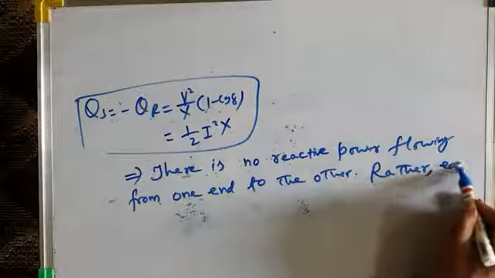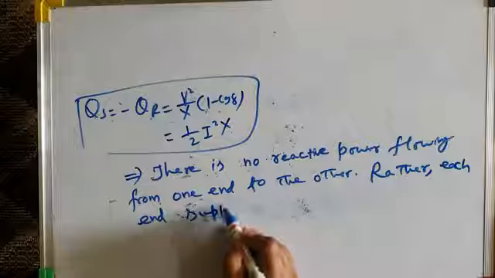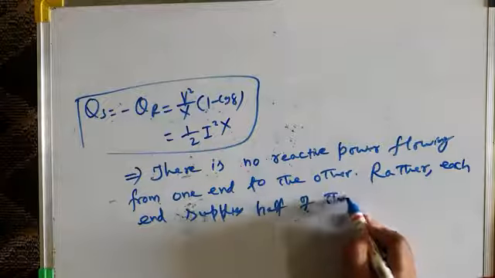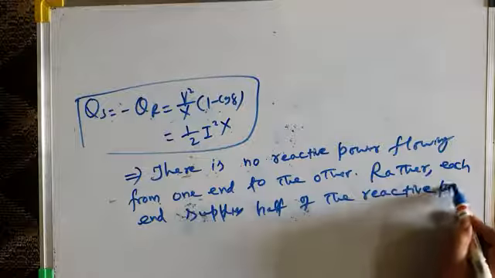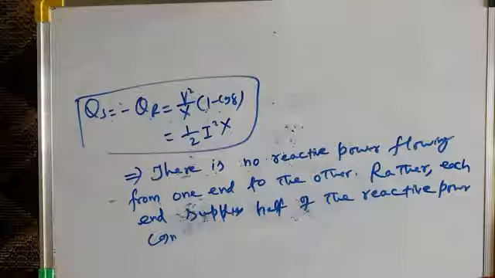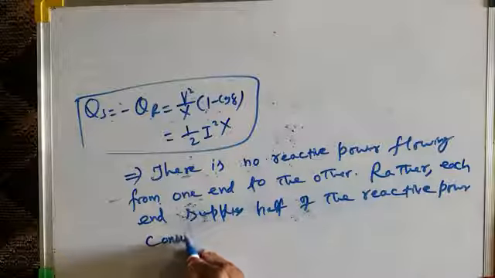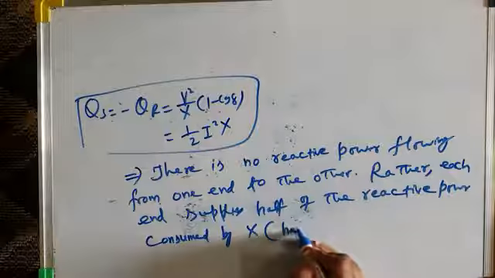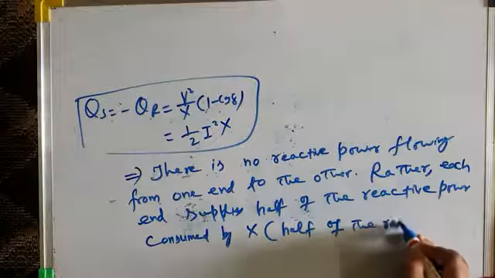Rather, each end supplies half of the reactive power consumed by line reactance X, that is, half of the reactive power loss.